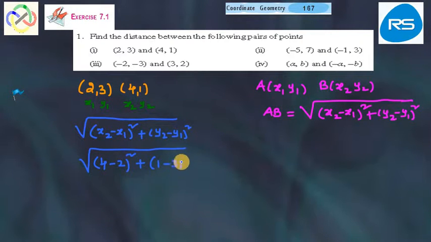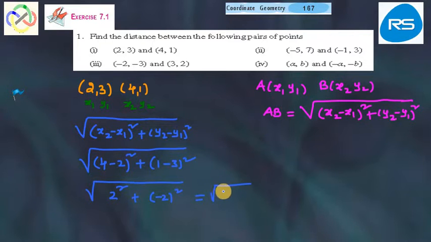So further simplification, square root of 4 minus 2, so it's 2 square, plus 1 minus 3, which is minus 2 square. 2 square is 4, and minus 2 whole square is also 4.